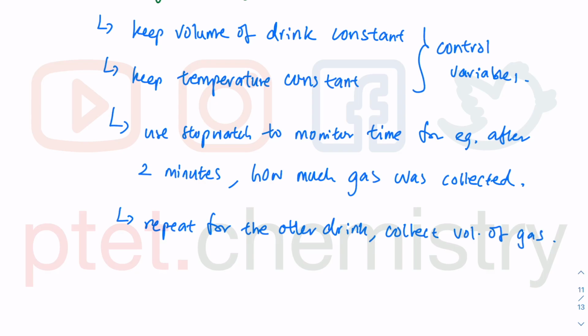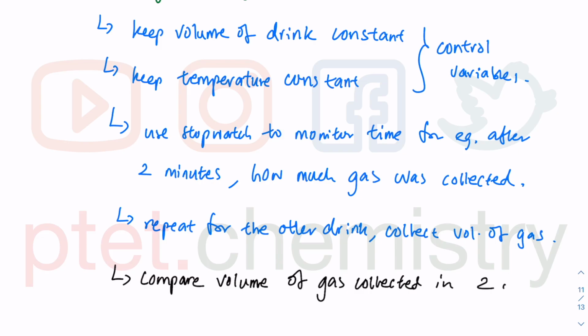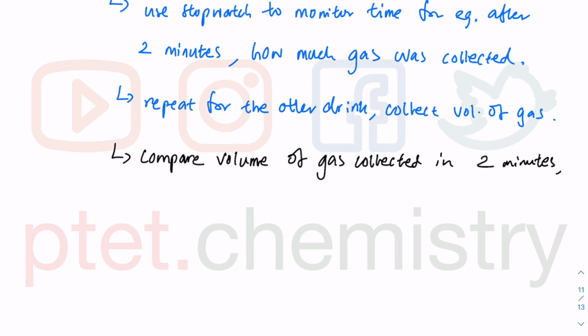And then we compare, because the last bit is about comparison. Compare the volume of gas collected in the fixed time. Let's say 2 minutes, as I mentioned earlier, can be 2 or 3 minutes, up to you, but it has to be a fixed time for both drinks.